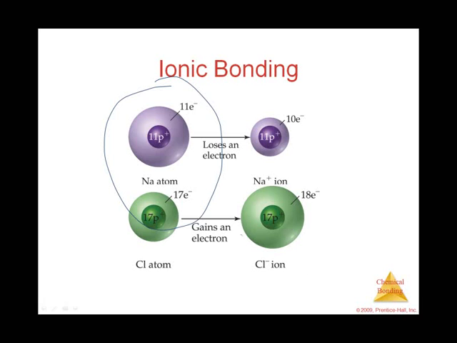And then there's a corresponding chlorine atom that has 7 electrons in its valence shell, and it wants to pick up an electron in order to also become more stable, to get a full stable noble gas configuration. And so the sodium loses an electron and the chlorine gains an electron.